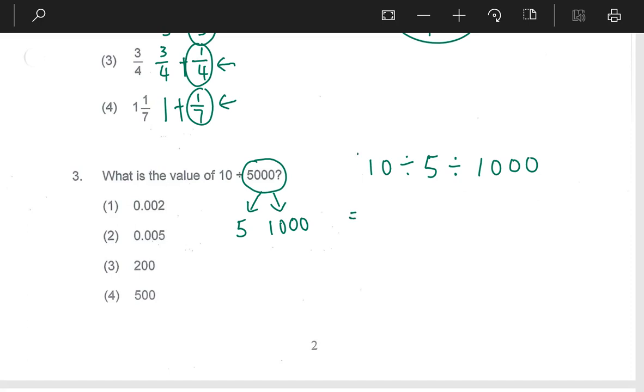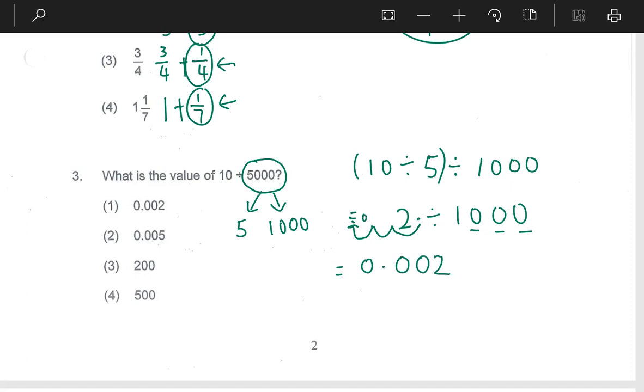Let's do 10 divided by 5 first. 10 divided by 5 gives you 2. 2 divided by 1,000. Now the decimal point is here. To move back 3 decimal places, it will be 1, 2, and 3. So the new decimal point with the 0 placeholders, 0, 0, and 0. So this is 0.002. Answer would be 1.